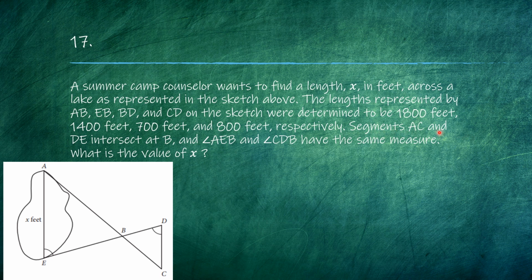Segments AC and DE intersect at B, and the angle AEB and the angle CDB have the same measurement. What is the value of x? Go ahead, pause the video and try to solve it. The answer is 1600.